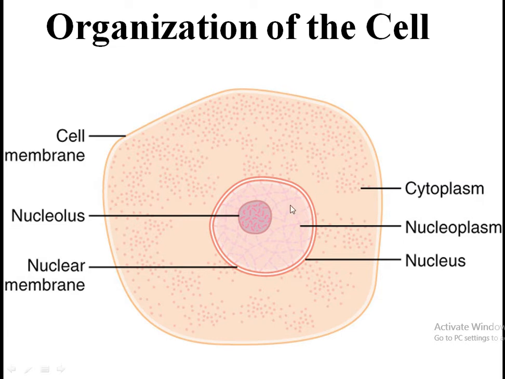The central controlling center is called the nucleus, bounded by the nuclear membrane, and in that we have the nucleolus also. All the functions going on in the different organelles of the cytoplasm are controlled by this structure, that is the nucleus.